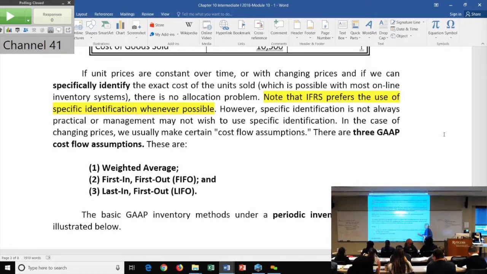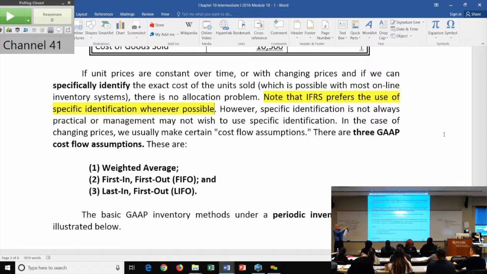The other important point is that we know this is a distortion, and when you think about LIFO, it is distorting ending inventory. Profit-wise, it's probably sensible because it matches a direct association of higher cost of goods sold with higher selling price, right?